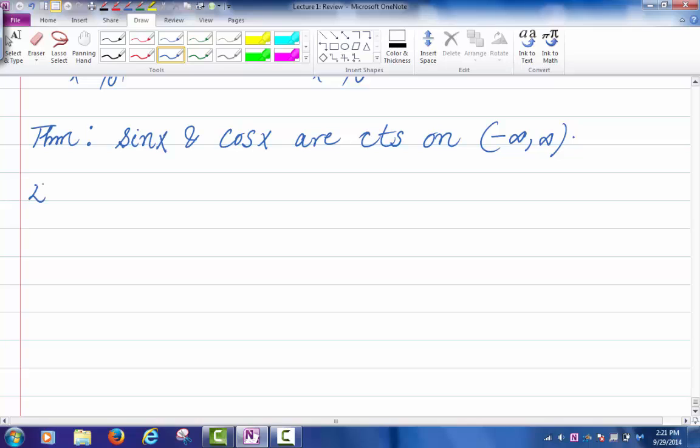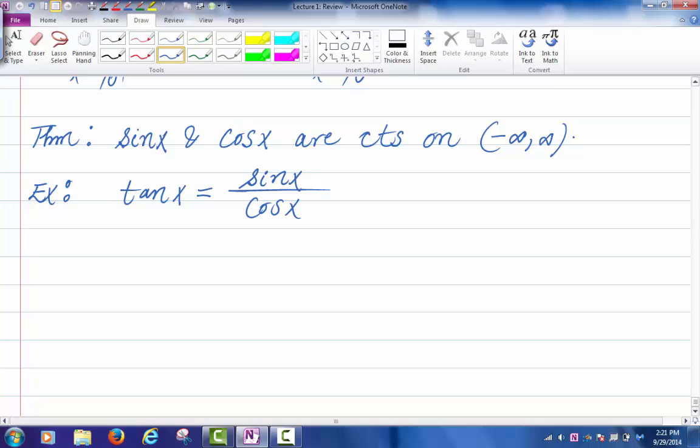Now, once I know these are continuous, how about the tangent function? If I look at the tangent function, and I want to know where this function is continuous, how would I come up with that? Well, we know that the tangent is sine over cosine.